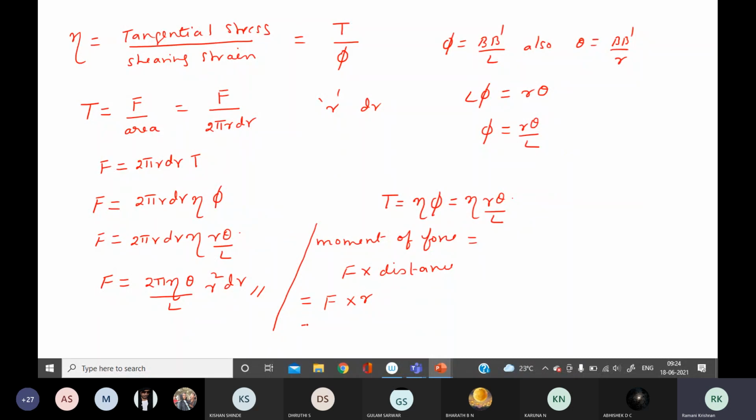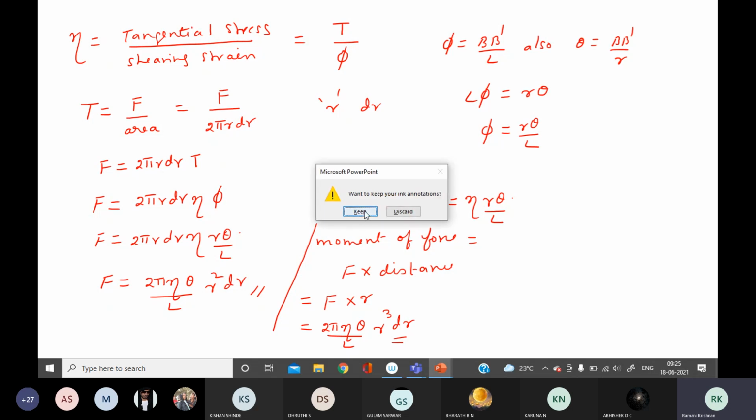So what do I substitute here? 2 pi, and one more r gets multiplied, so 2 pi eta theta by L into r cube dr. This is the moment of force acting on the cylinder due to one layer. What is the moment of force about the axis OO dash due to all the layers?